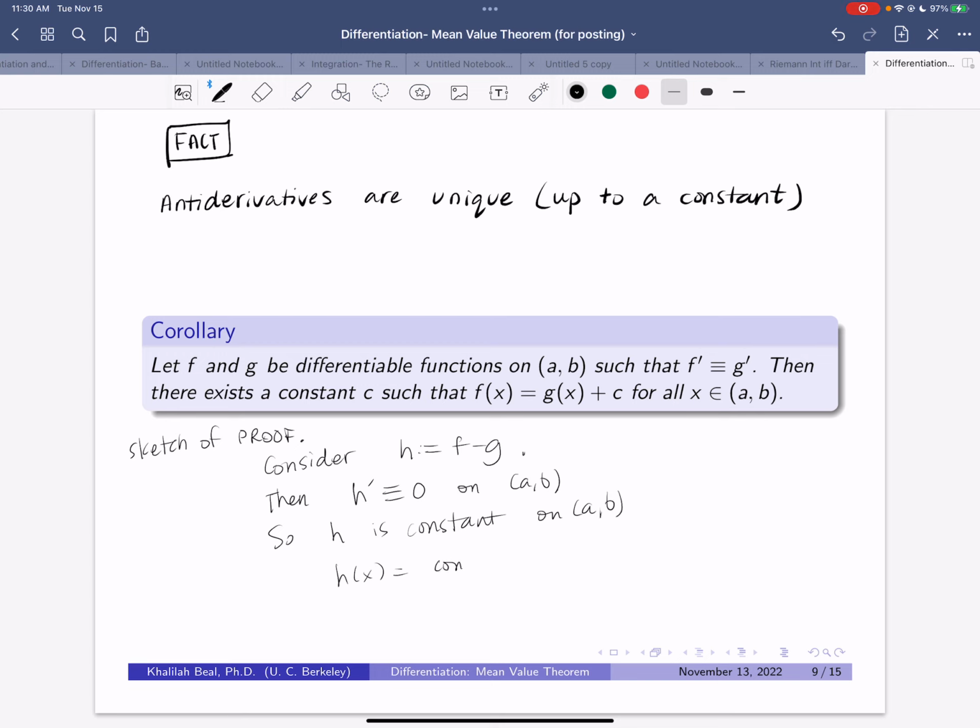The denominator is going to be positive, so that means that the numerator also has to be positive. So this is going to imply that f of x2 minus f of x1 over x2 minus x1 is greater than 0. That's by hypothesis.